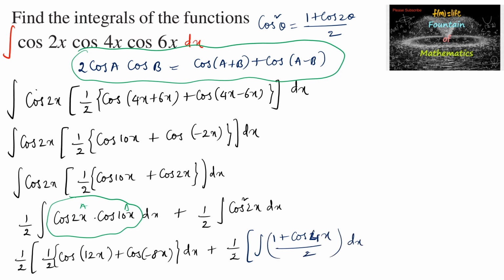On simplifying, we'll get 1 by 2 into 1 by 2, this is 1 by 4 times the integration.